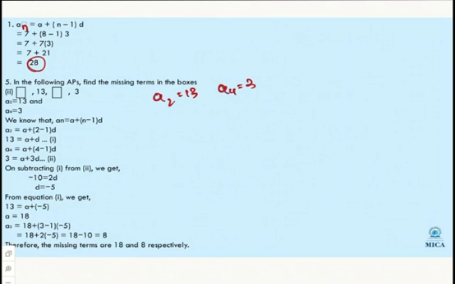We know that An is equal to A plus n minus 1 into D. So A2 is equal to, they haven't given the first term, so we will keep it as A. N is equal to 2 minus 1, and the common difference also we don't know, so we'll keep it as D. So A2 is equal to 13.